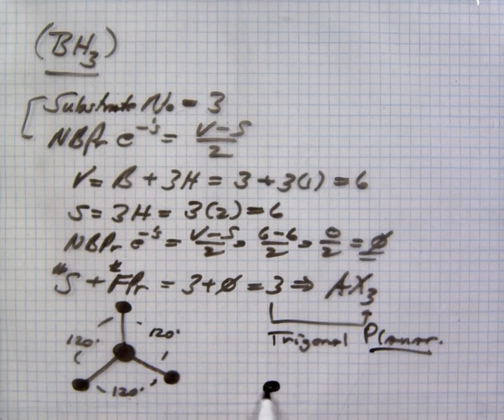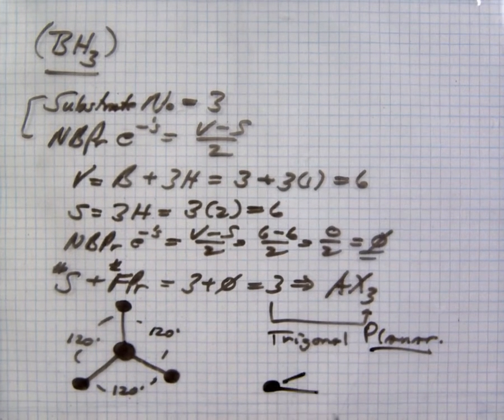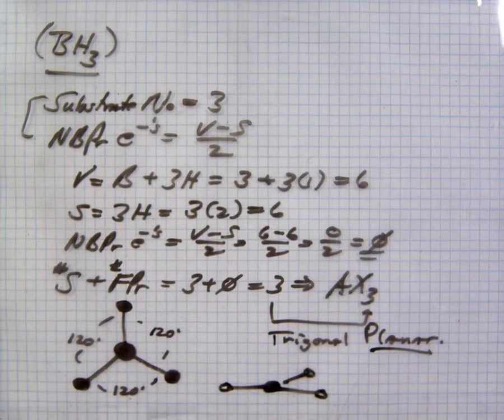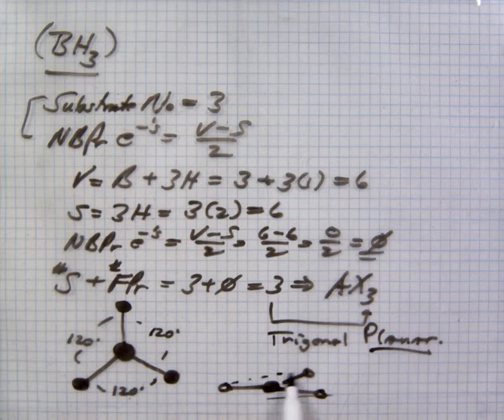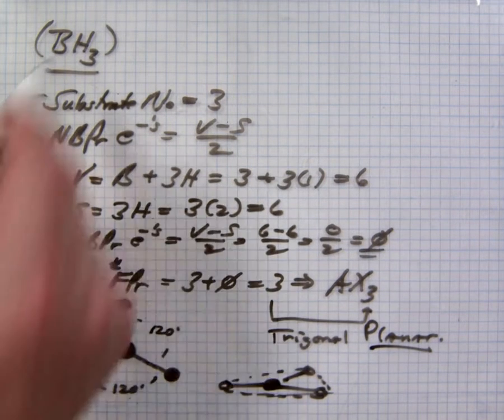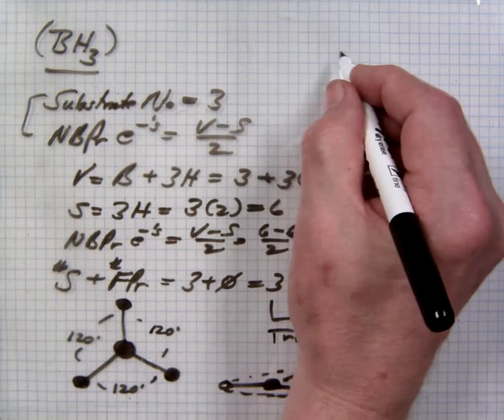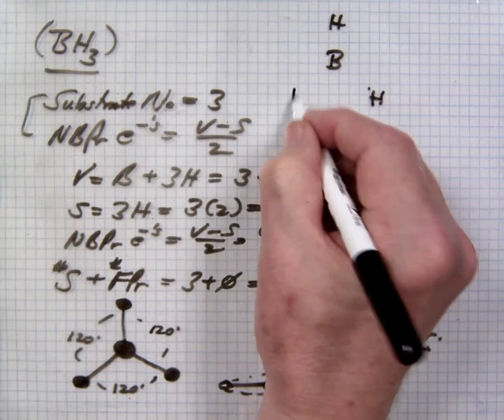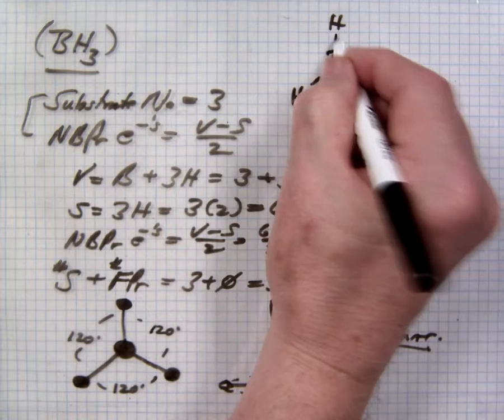So looking at it from a side view, you might see it more realistically in this context. And you can see the triangle nature of it right here. I'll move it up. So this is a molecule that has a boron in the middle and a hydrogen, and a hydrogen, and no free pairs.